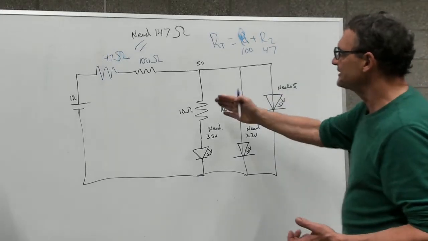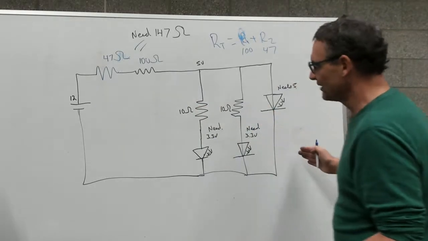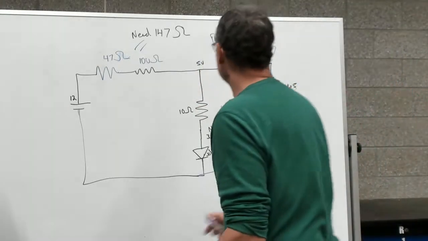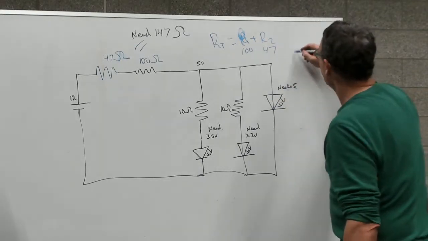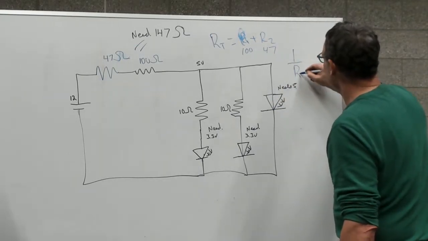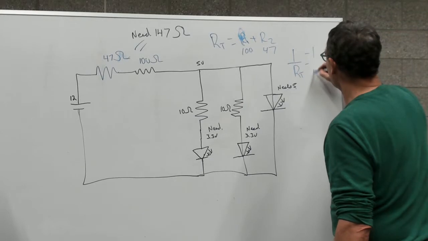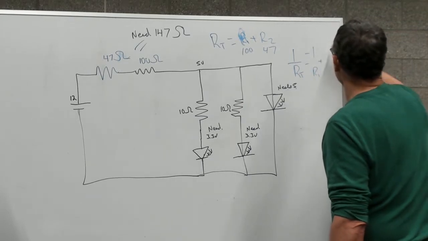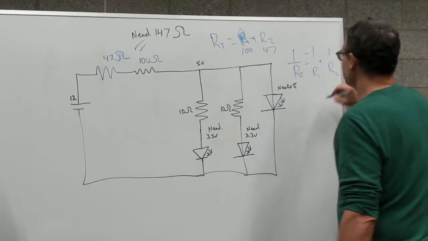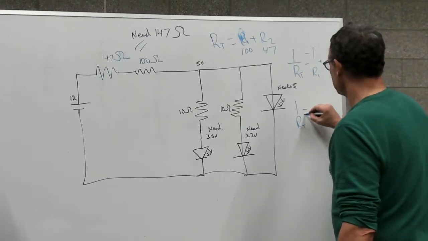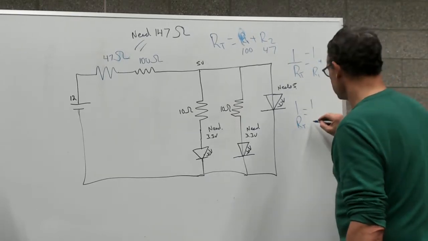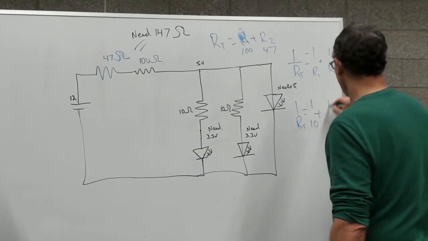So now we have to calculate the resistance in the parallel part. And quite simply, we can use 1 over RT equals 1 over R1 plus 1 over R2. Now this was a very simple one, so 1 over RT equals 1 over 10 plus 1 over 10.